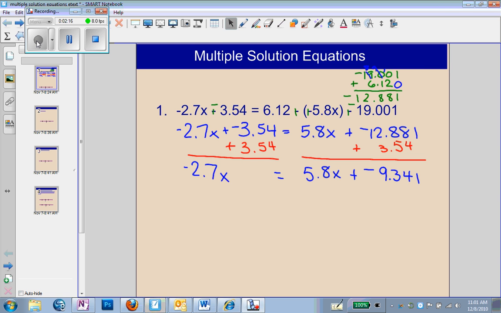Now I'm going to add the opposite of 5.8x to both sides to get the constants by themselves.